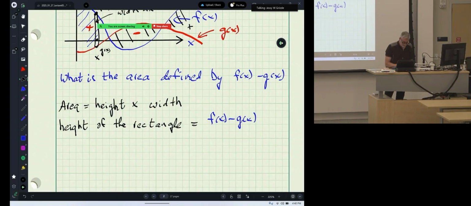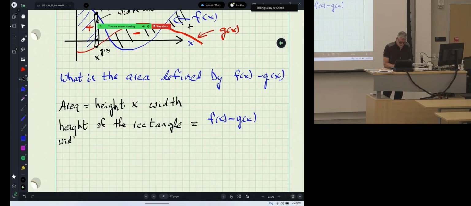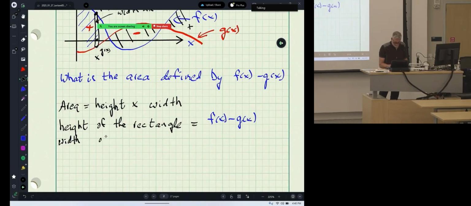I already gave us that the width of the rectangle equals dx.